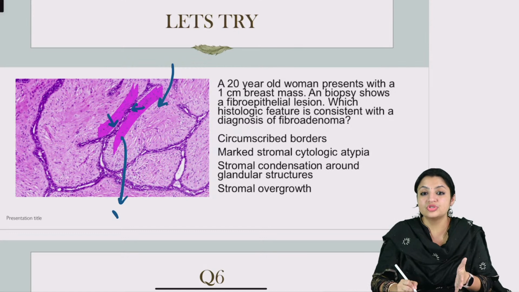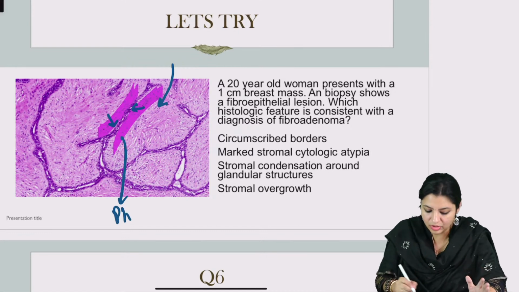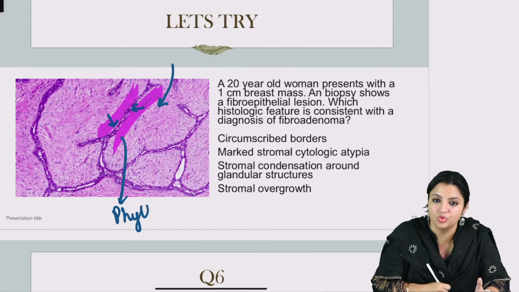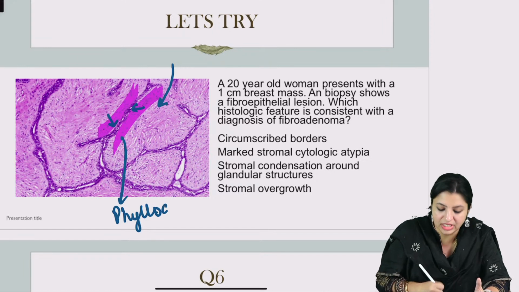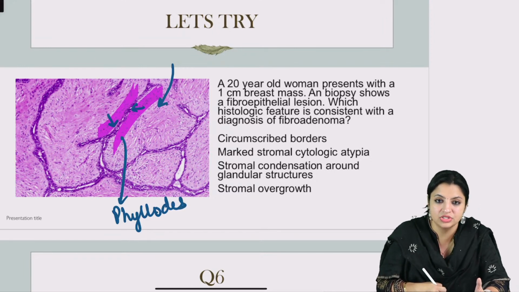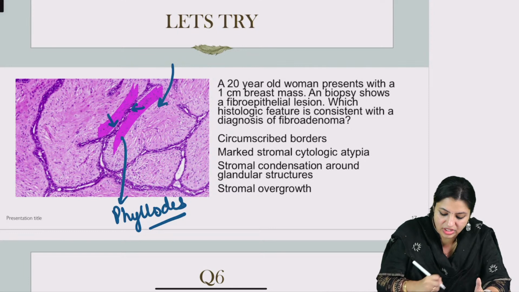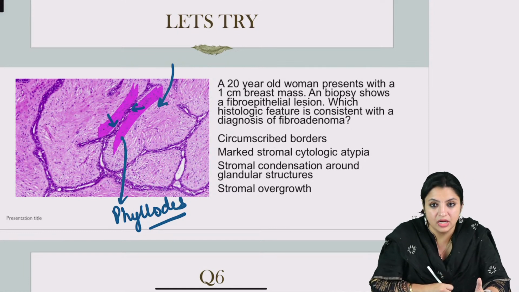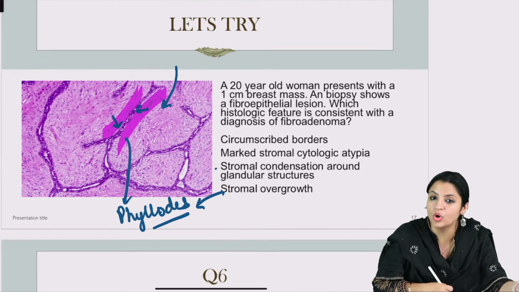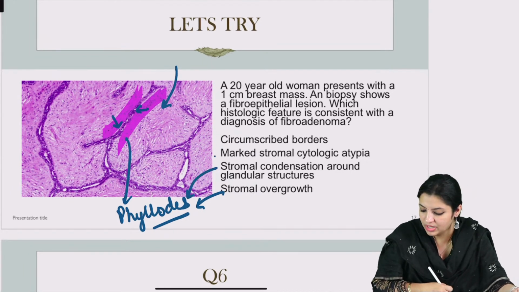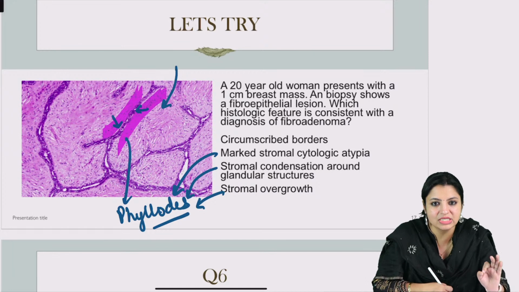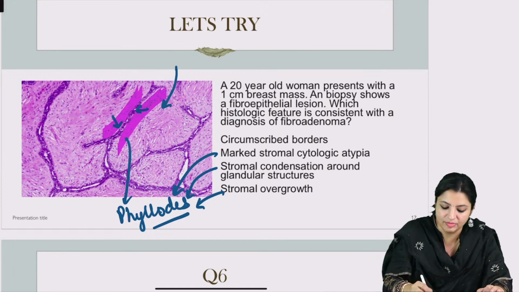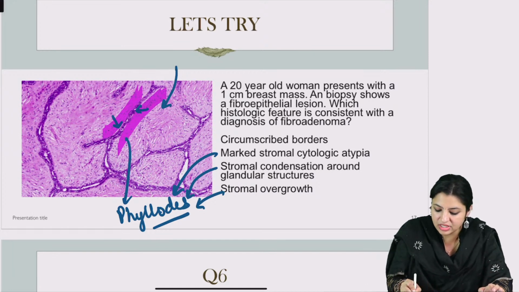So Phyllodes tumor is different from fibroadenoma because it shows a lot of stromal growth, and this stroma usually condenses around the glandular structures, and sometimes you can even have stromal atypia. Phyllodes is one tumor which can be benign, borderline or malignant, so it can show stromal atypia. The finding consistent with fibroadenoma here is just circumscribed borders.